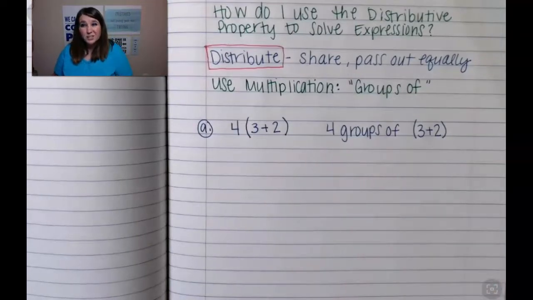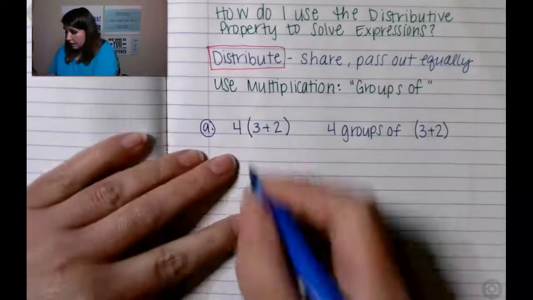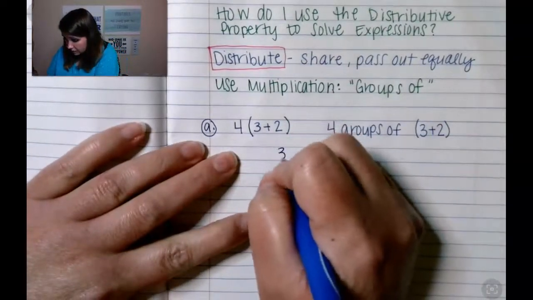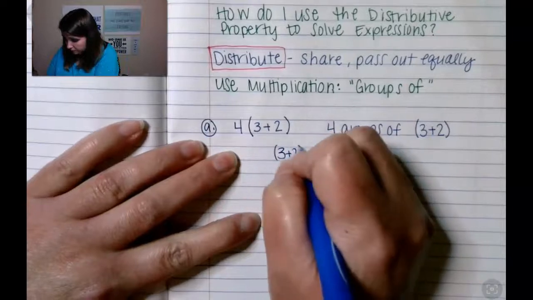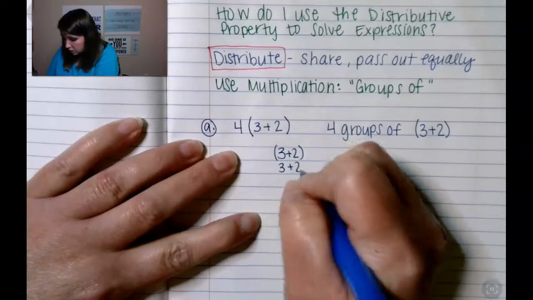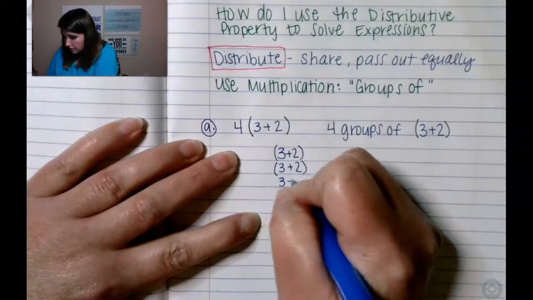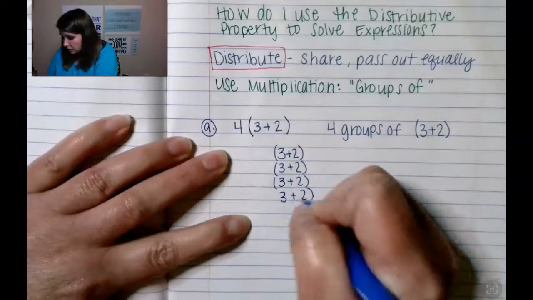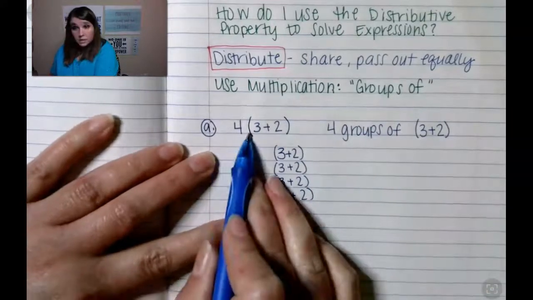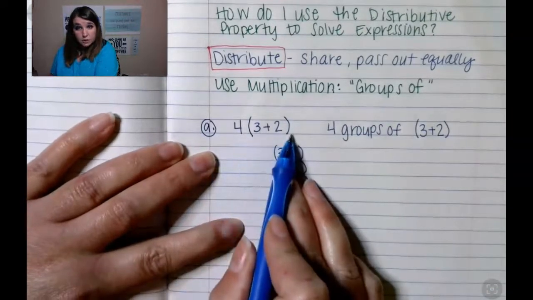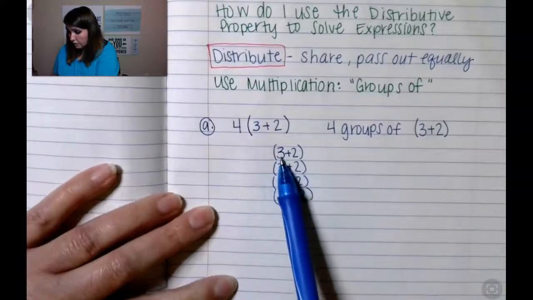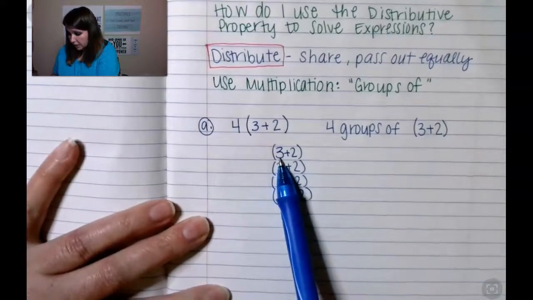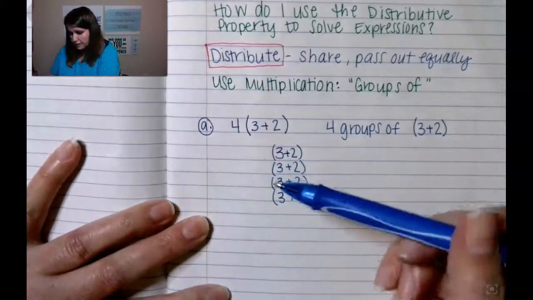So what does this look like when you write it out? It looks like this. 3 plus 2, 3 plus 2, 3 plus 2, and 3 plus 2. That's 4 groups of 3 plus 2. I don't know why I keep saying that.